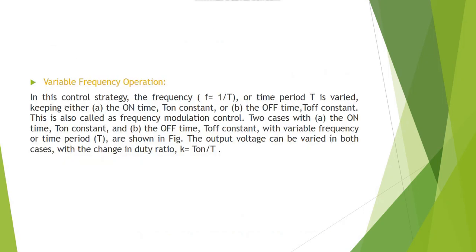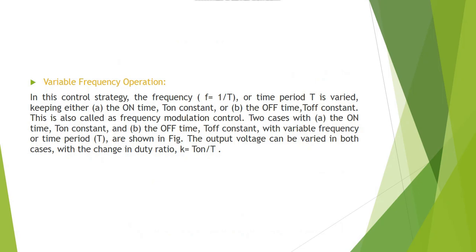The next is variable frequency operation. In this control strategy, the frequency or the total time of the switching is varied, while the on time or off time remains constant. So it is called FMC control, that means frequency modulation control.